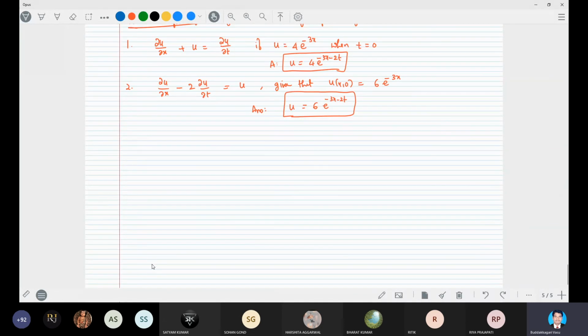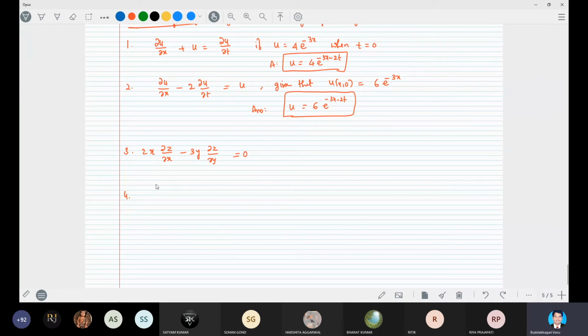Now take another question. Solve 2x into dou z by dou x minus 3y into dou z by dou y is equal to 0.